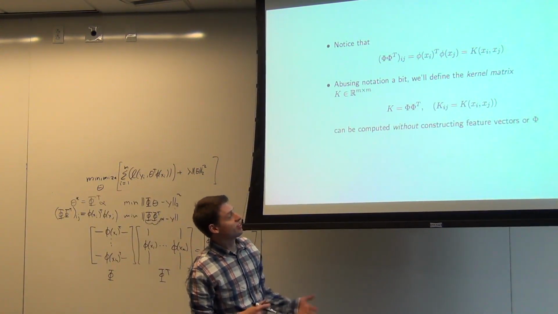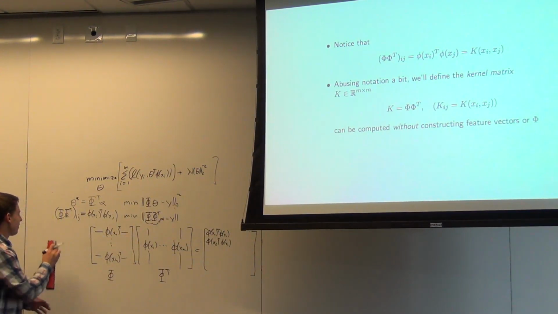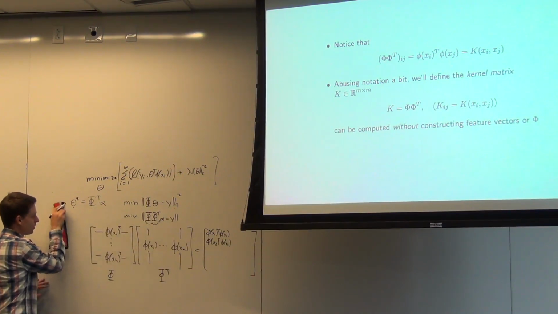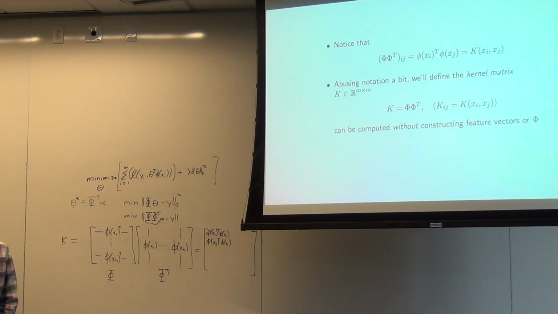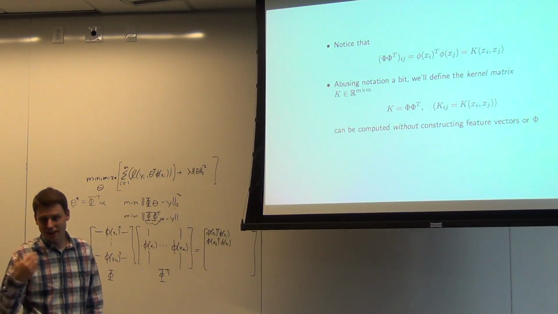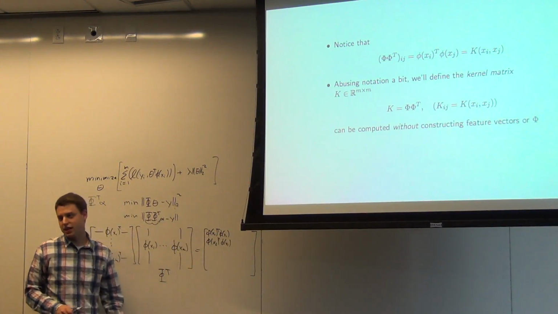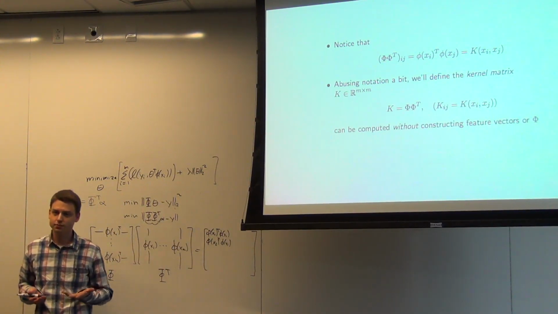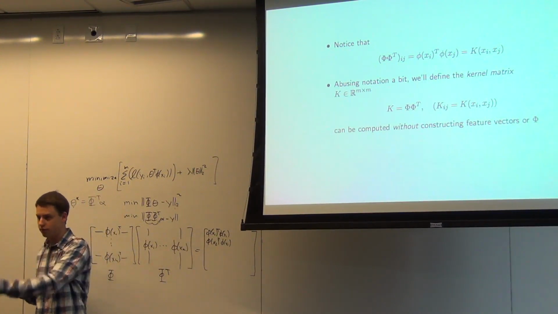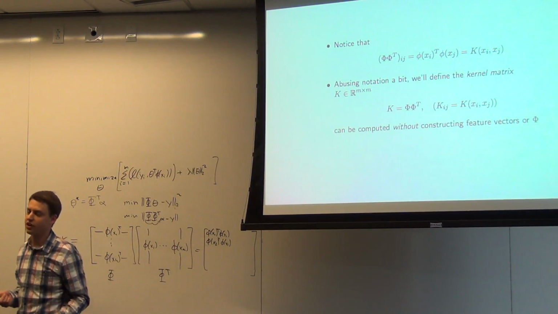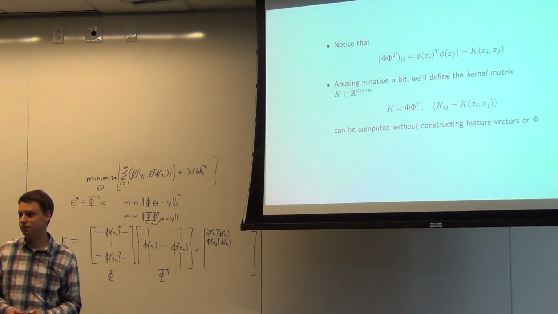We're going to abuse notation a little bit again and just call this matrix K. Sorry, we're using K to denote both the kernel function and this matrix. But the important point is that this matrix contains nothing but inner products between two elements, phi xi and phi of xj. And that was exactly what a kernel computed for us.